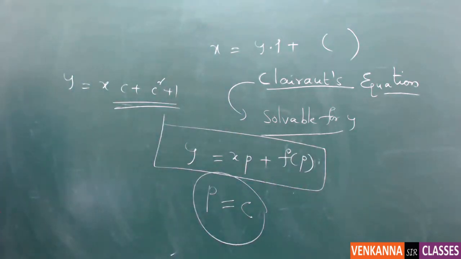Whenever the given equation is of the form y equals x dot p plus a function of p, it is known as Clairaut's equation. The general solution is given by replacing the differential p with the constant c, which gives the general solution. That's all.